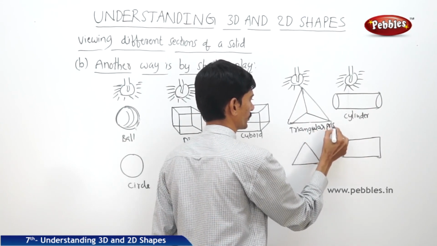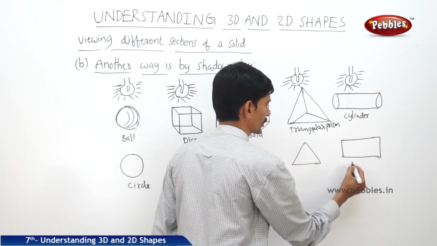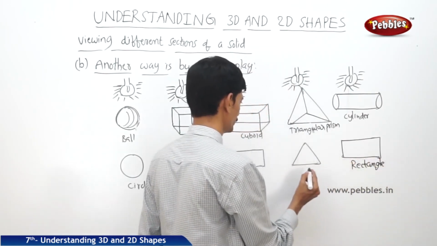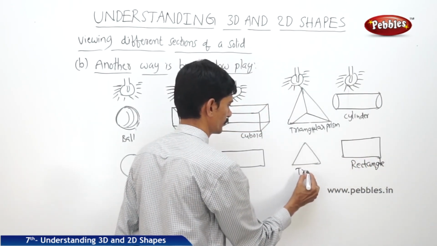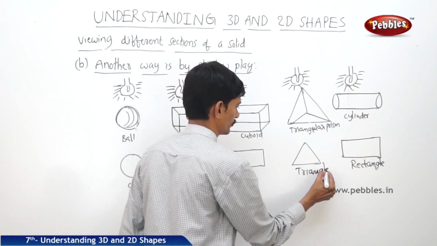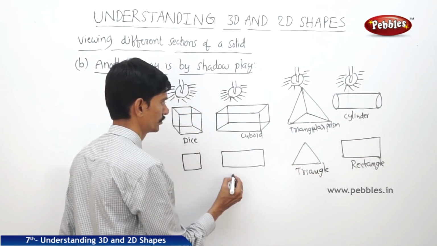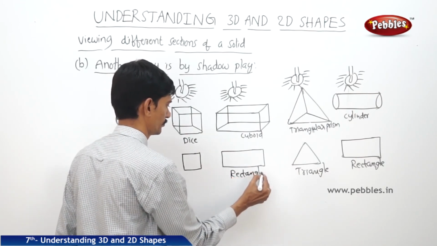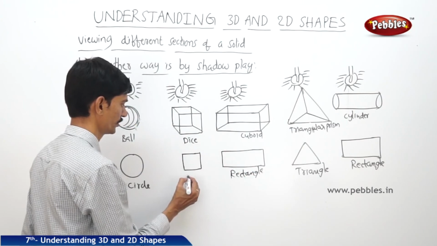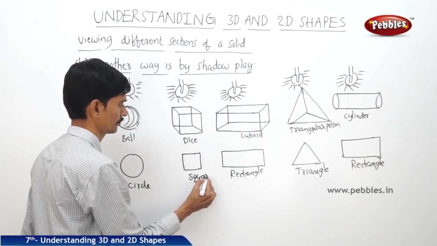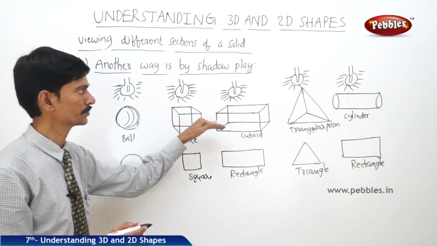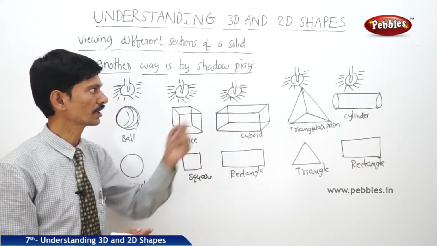So this is a triangular prism, so this is rectangle, and this is triangle. So this is also rectangle, and this is a square. So these are the shadows of the different solid objects when they are kept in front of the torchlight or any bulb.